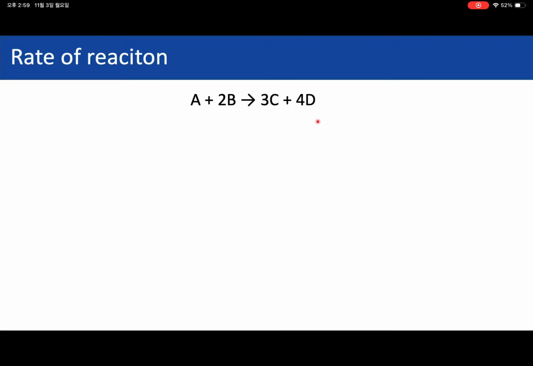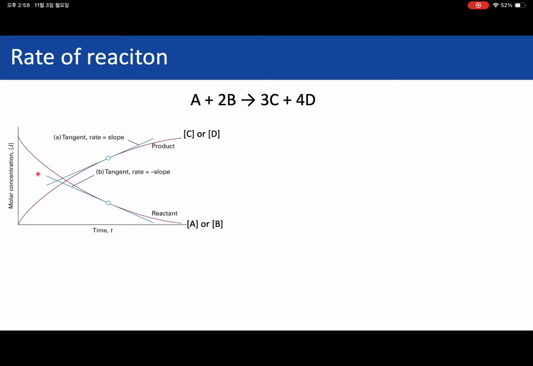Let's consider a general chemical reaction in which A plus 2B will produce 3 moles of C and 4 moles of D. With some experimental method we discussed in the previous slide, we are able to measure the molar concentration of reactant and product. In this case, the reactant is A or B, and the product is C or D. So we measure their molar concentration as a function of time.